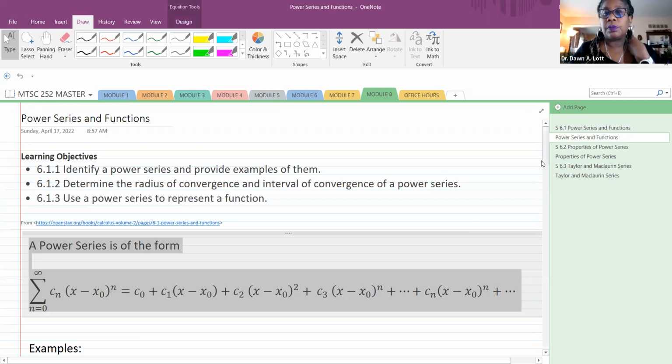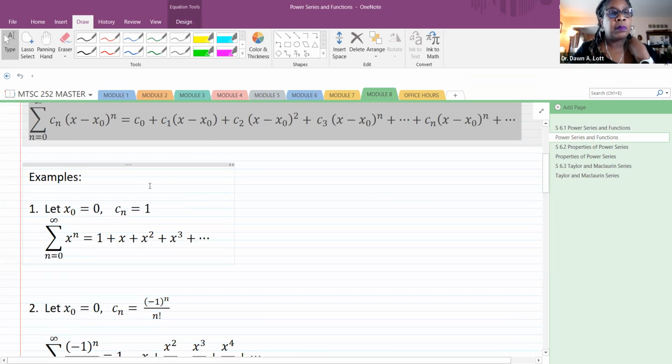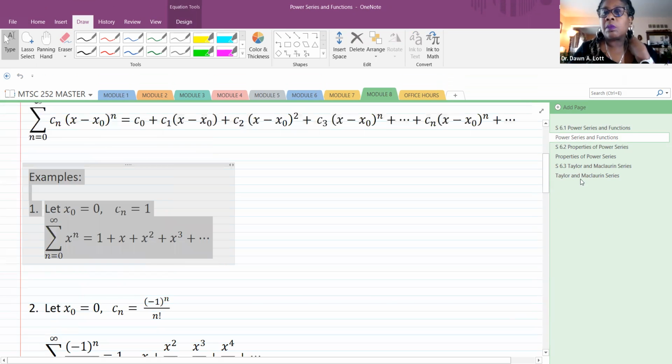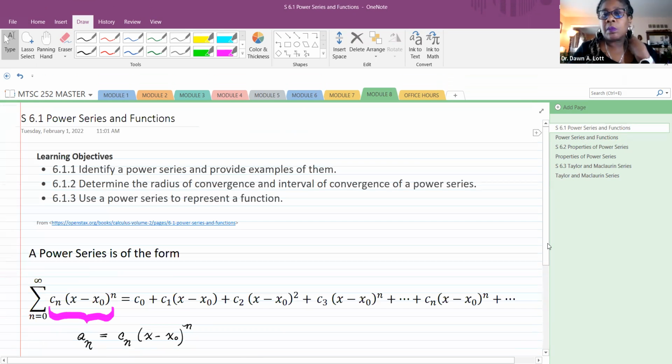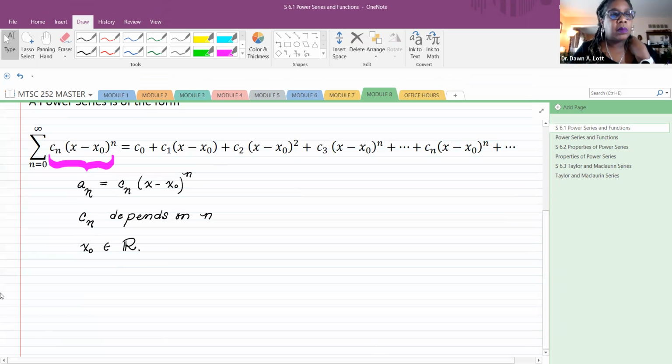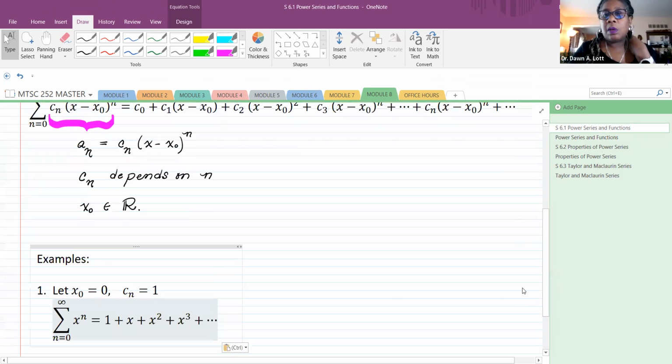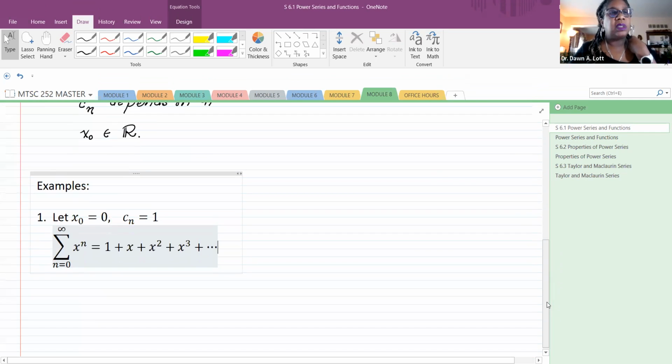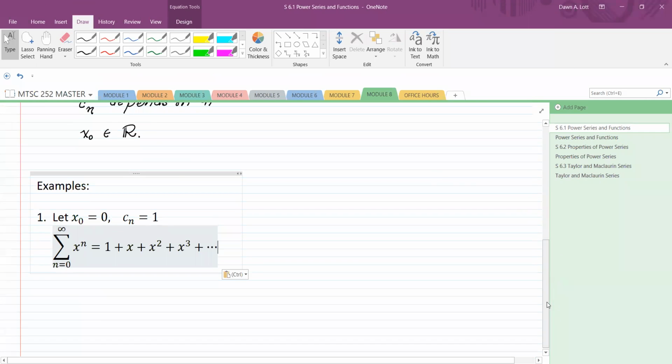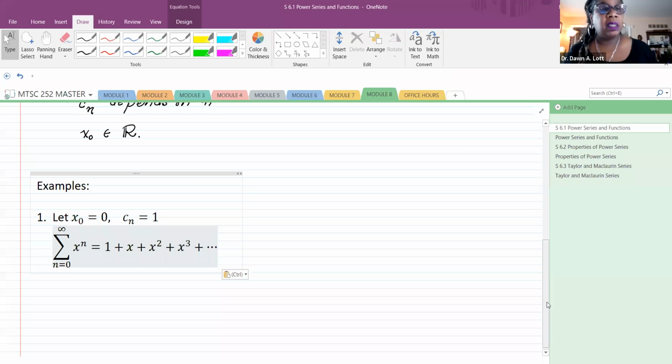First example. The first example is x_0 is going to be 0, and our c_n is simply equal to 1.